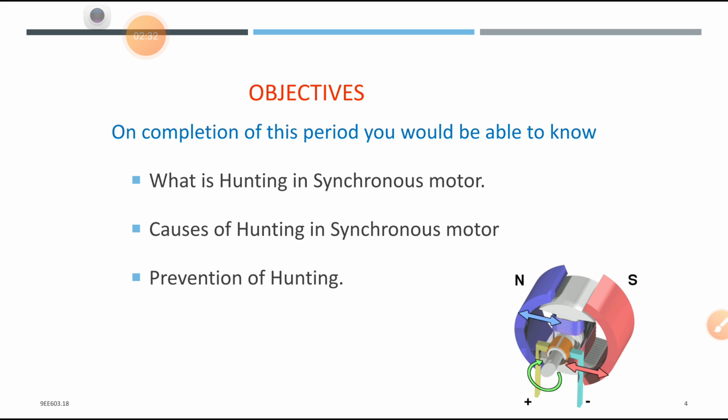Today's objectives: on completion of this period, you would be able to know what is hunting in synchronous motor, causes of hunting in synchronous motor and prevention of hunting. So reasons for hunting and prevention methods of hunting we are going to learn, a very small topic.